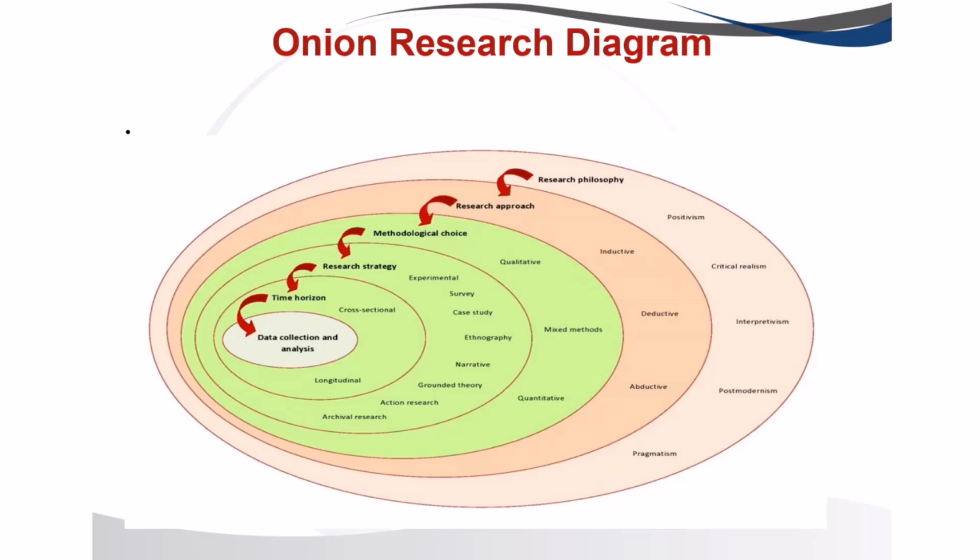You can use a strategy which you call experimental, a survey, a case study. Sometimes we use this too, is it? It's a survey, a case study. Then we have ethnography, narrative, grounded theory, action research.